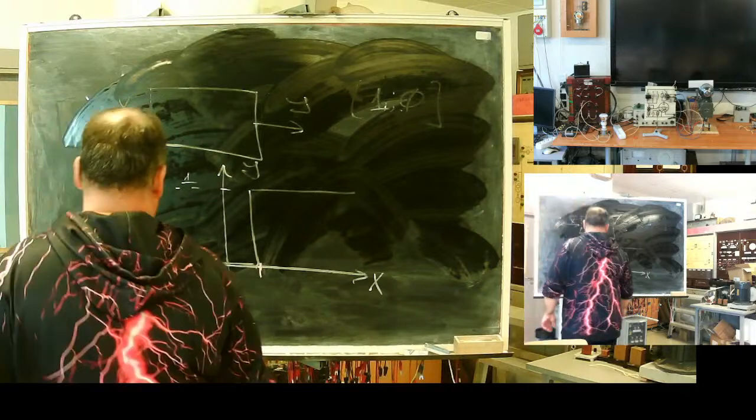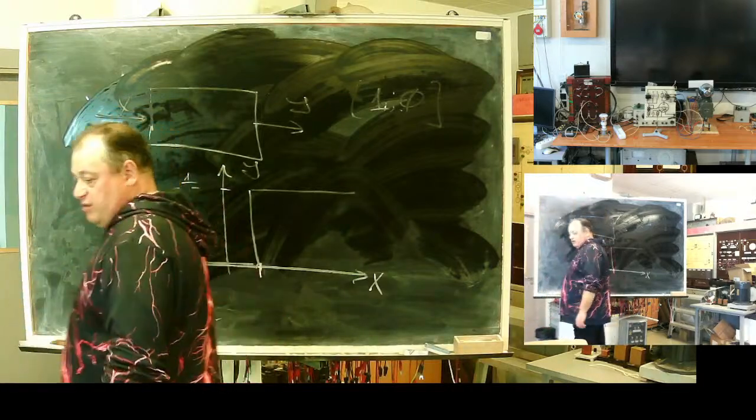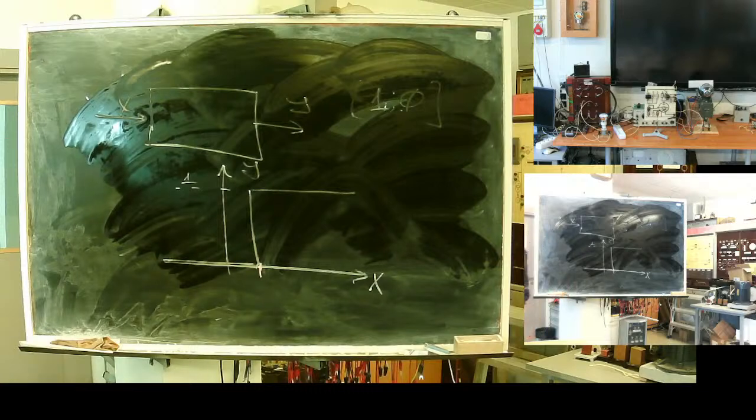So the threshold at which the relay switches to 1, in Latvian it's nostrāde. Trip in Latvian is nostrāde.